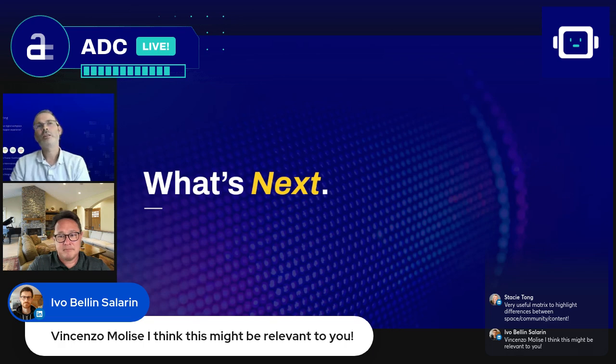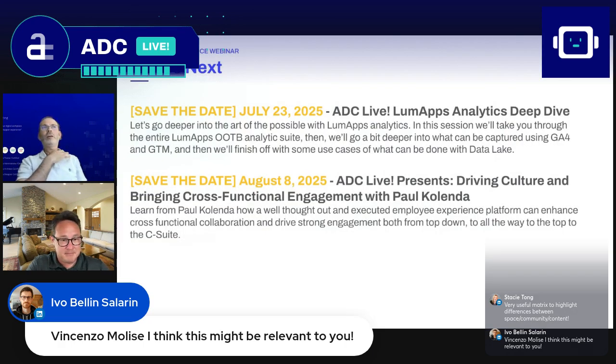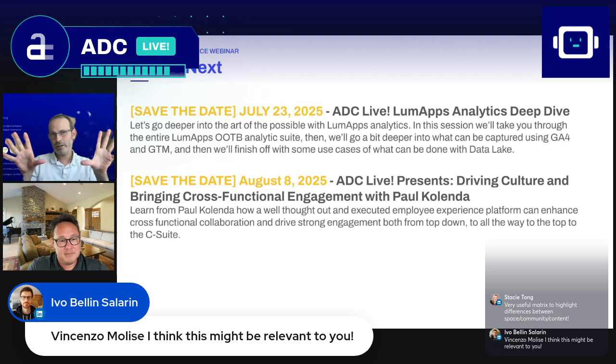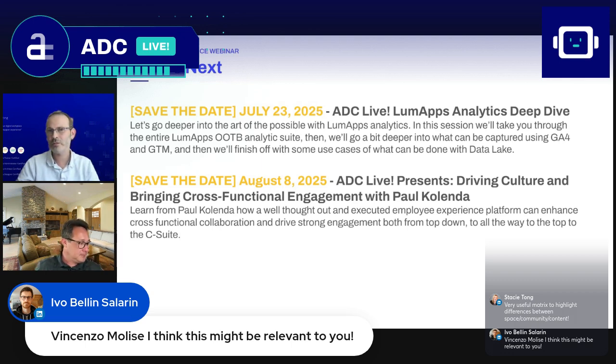So what's next? We have a few more exciting episodes coming up on ADC Live. First, we have the LumApps Analytics Deep Dive with Misha and Ivo. We're going to go through a three-tier analytics deep dive, talking first about what's available out of the box. LumApps has made a lot of really nice improvements in the past few releases since the beginning of this year, which I'm really excited to show you.